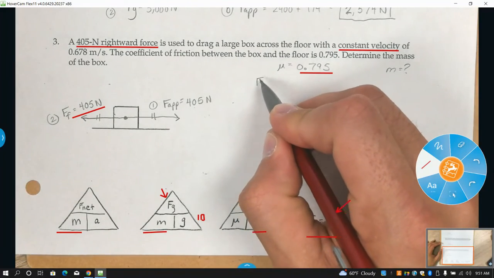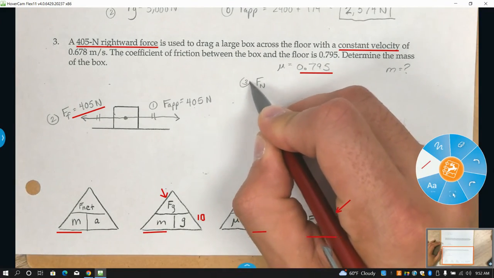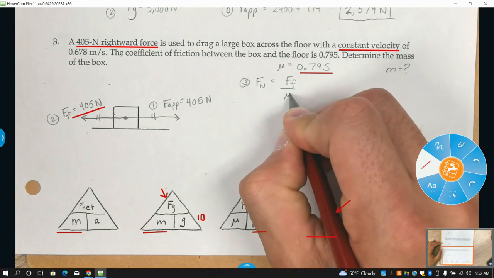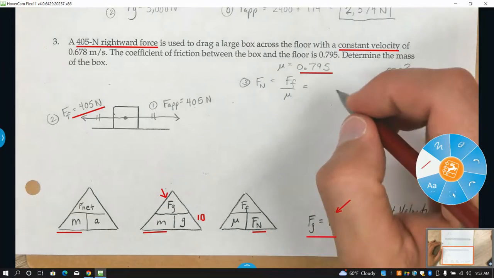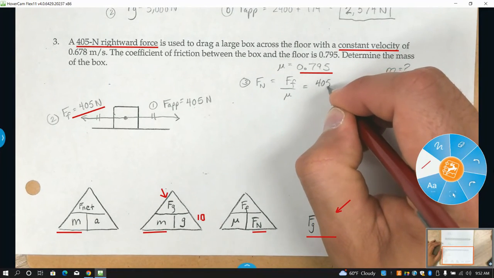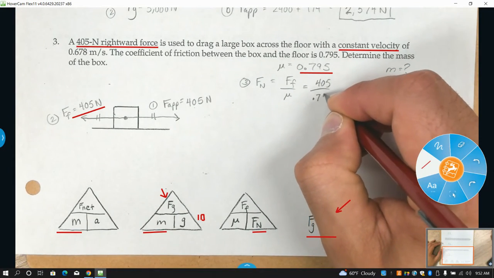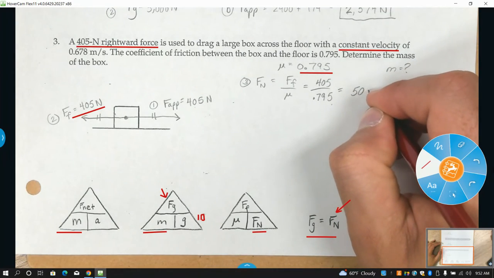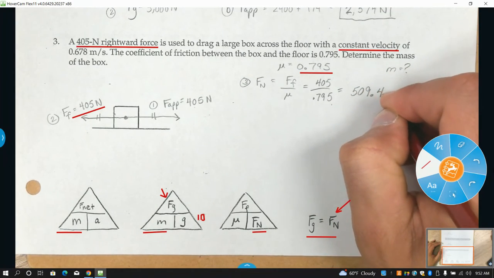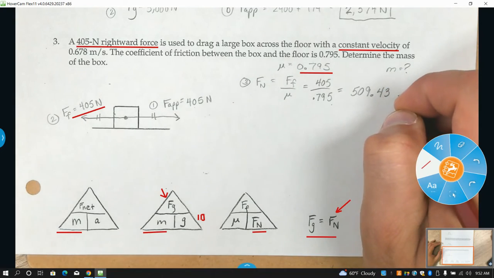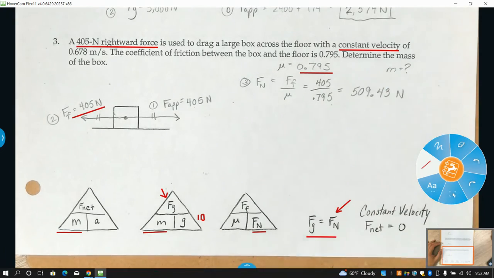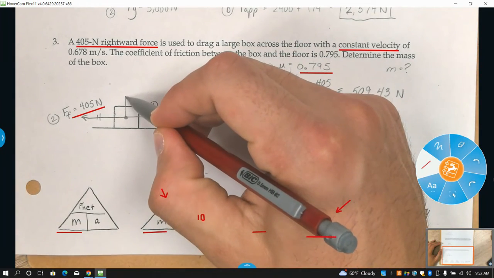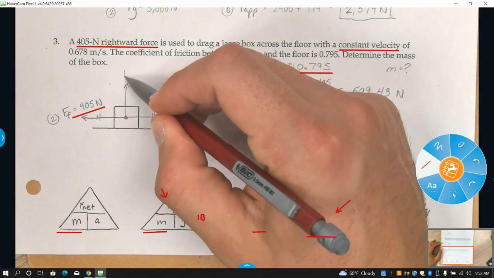So then what you're going to do here: friction force divided by the coefficient. So 405 divided by 0.795, and that's going to give us a value here of 509.43 newtons. Now that is my normal force going up.